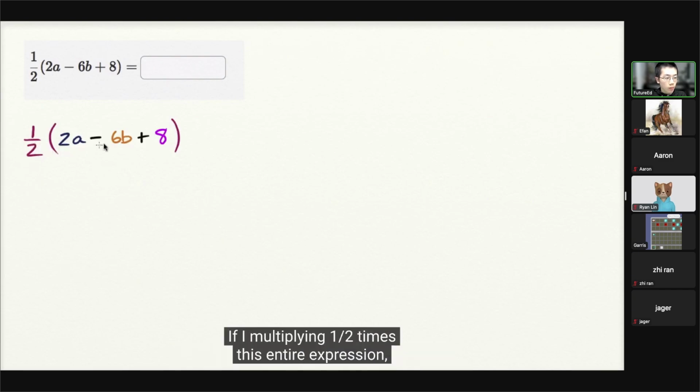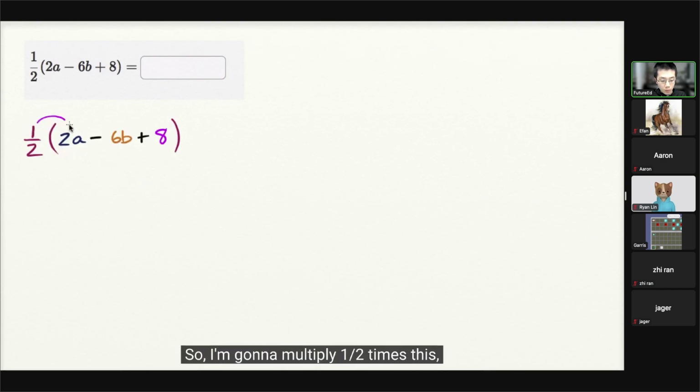If I'm multiplying 1/2 times this entire expression, that means I multiply 1/2 times each of these terms. So I'm going to multiply 1/2 times this, 1/2 times this, and 1/2 times that.